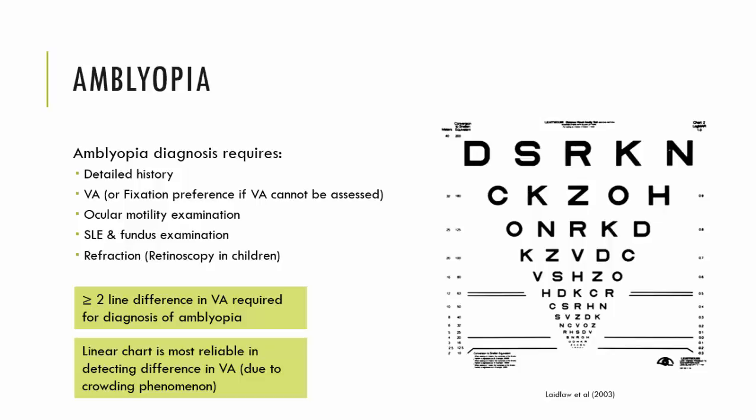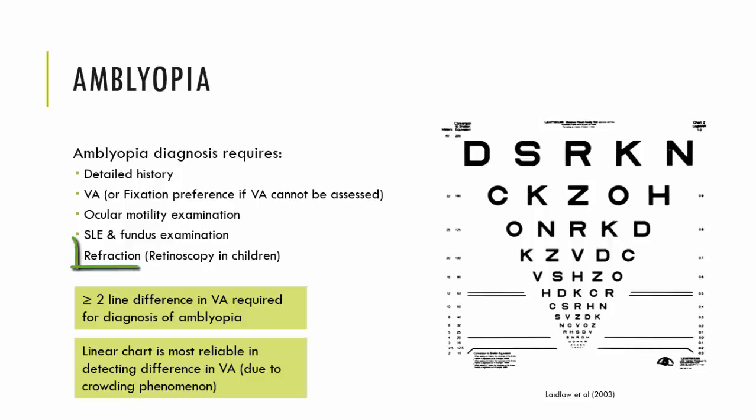In some instances, you can do this, like in a congenital cataract, you can remove it, and then you can see that the remaining reduction in visual acuity is related to amblyopia. However, in other instances, like a corneal scar, you may not be able to treat that, in which case there will be a combination of reduction in visual acuity that's related to the scar and a portion that's related to cortical changes known to be amblyopia.